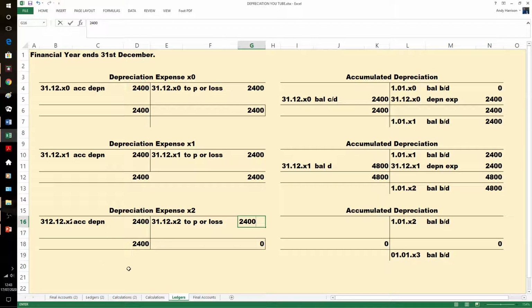This is because we used the straight line method first. If it was a diminishing balance, it would be a different amount. And of course, it could actually be half a dozen different items. So in this expense account, we could have half a dozen motor vehicles with different amounts rather than just the one.